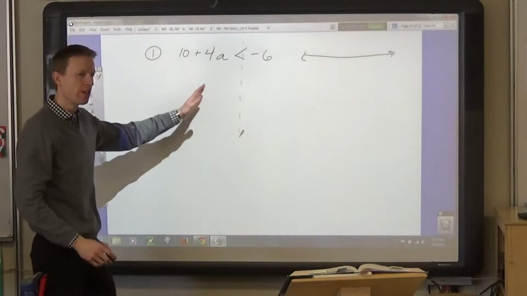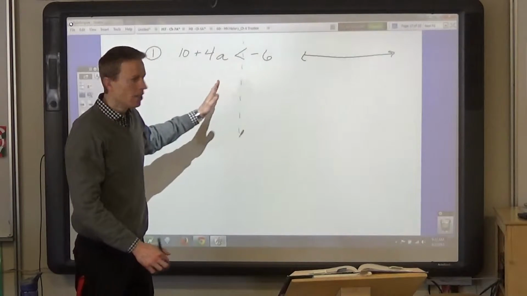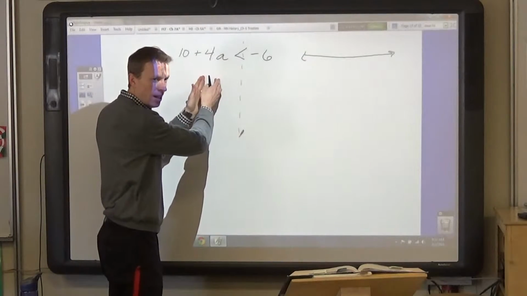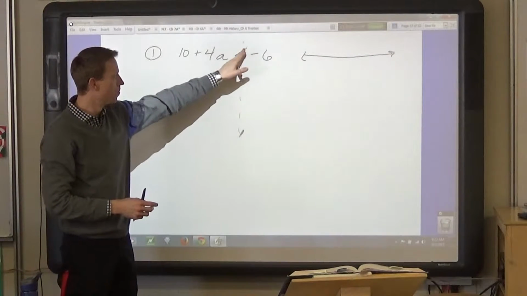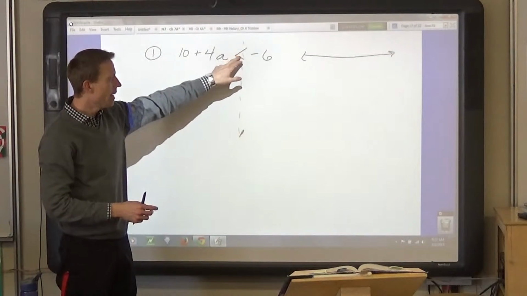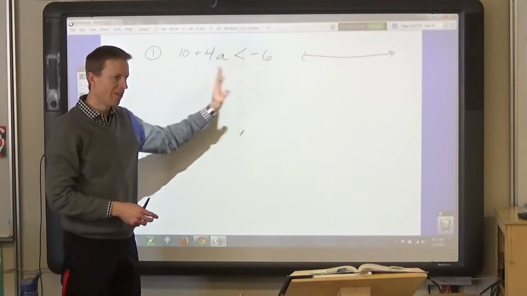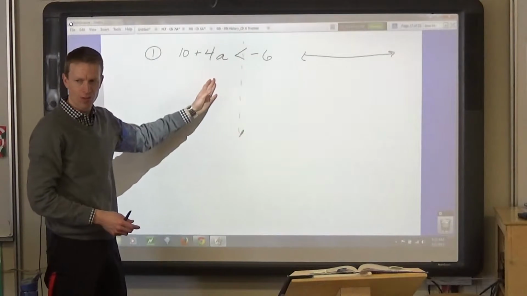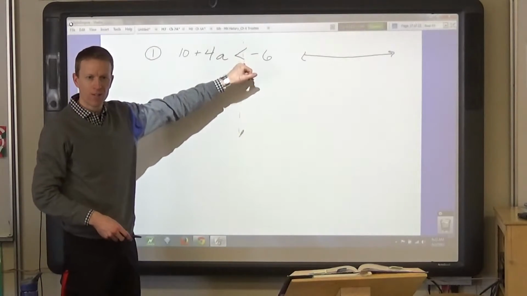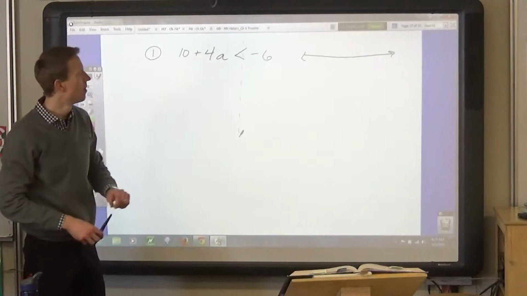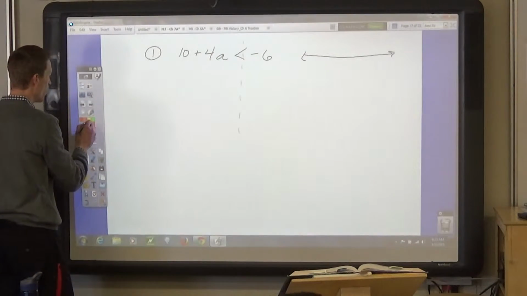Now, when you are doing inequalities, the side that you have the variable on is related to the symbol. So you can't just decide, well, I'm going to put the a's over here and the numbers over here. Because those sides have to stay consistent with whatever the symbol is that we're using. Since the a's are on the left side, we have to leave them on the left side.